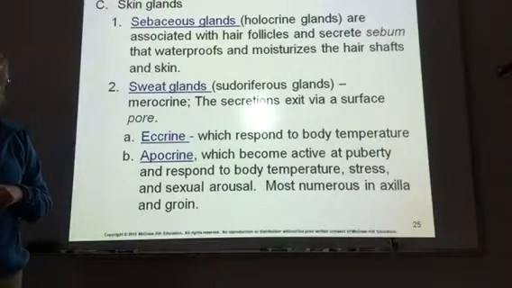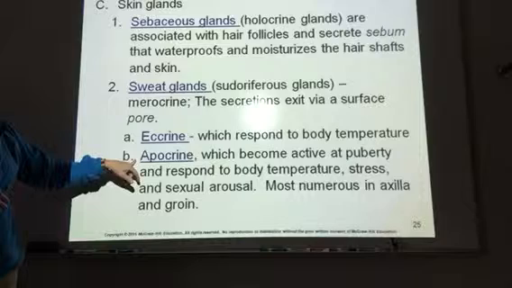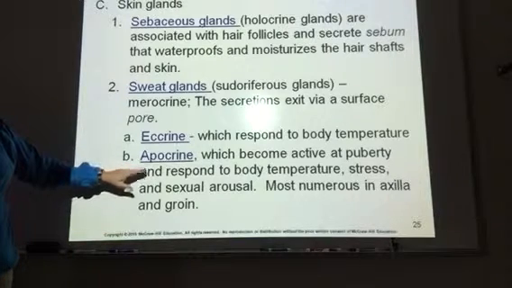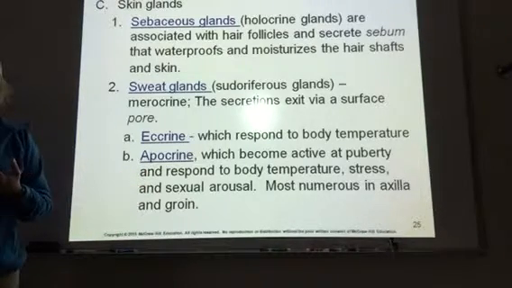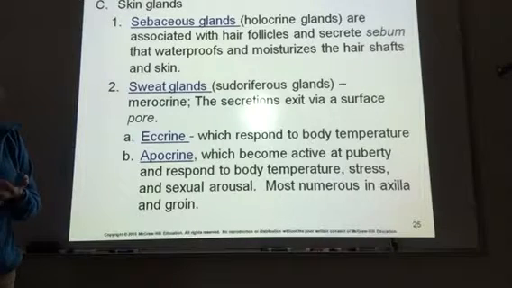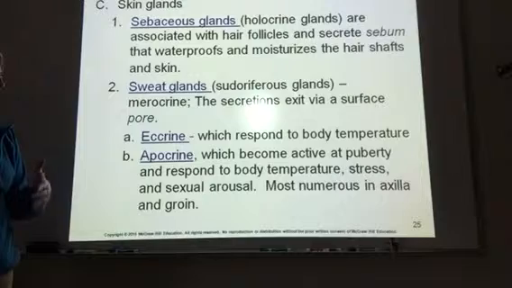throughout your entire body. Apocrine glands really don't start producing sweat until you reach puberty. Here again, they respond to body temperature, also stress, nervousness, things like that. More common in the axilla and groin area. So this would be armpits and pubic area.